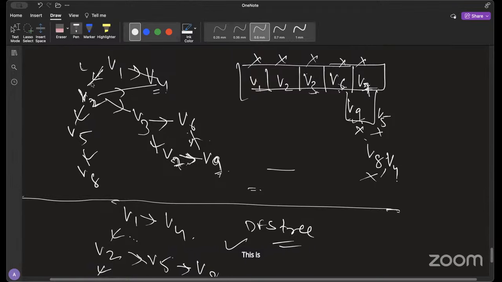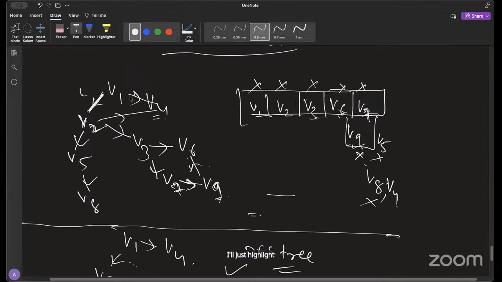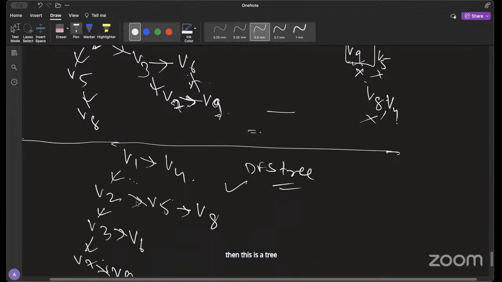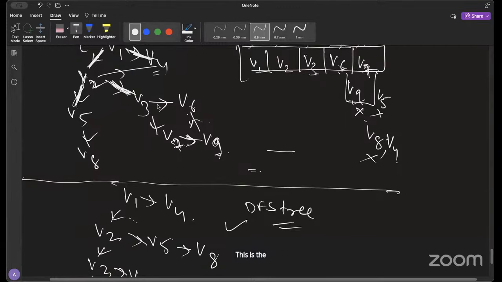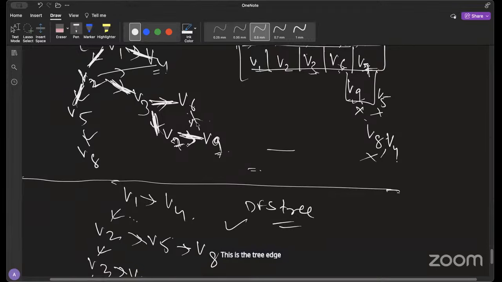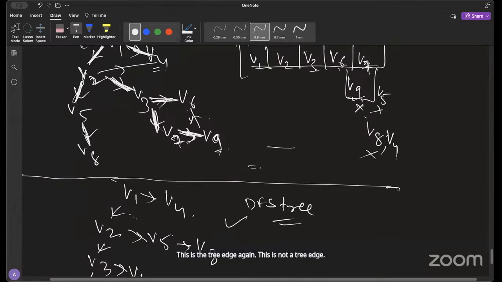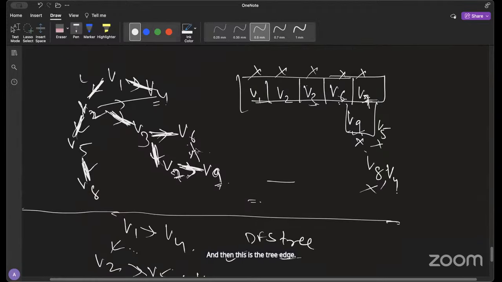I'll just highlight the tree edges. This is a tree edge, this one, this one too. But V2 to V4, because you don't see it in the tree, this is not a tree edge. This is a tree edge, this is also a tree edge, again a tree edge. This is not a tree edge. And then this is a tree edge. So the left ones, this is left and this is also left.